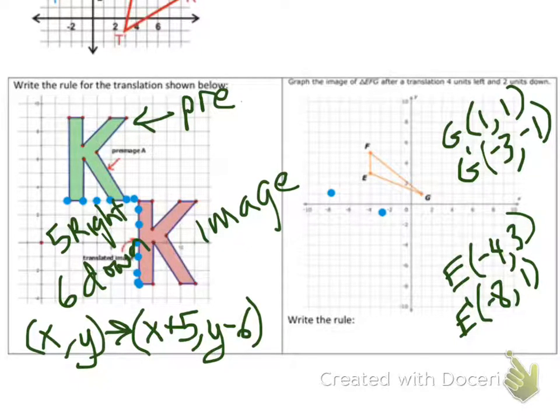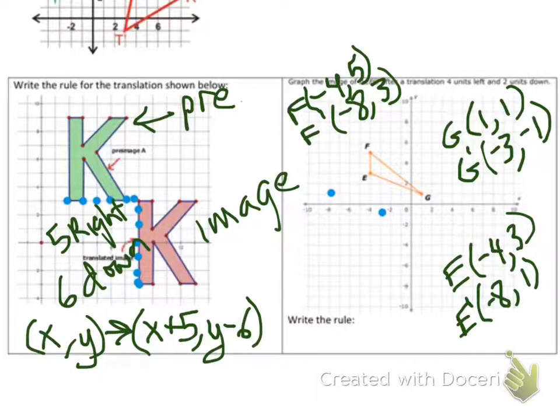And finally, F is at negative 4, positive 5. So F prime is going to go, again, 4 units to the left, so that's negative 8, and 2 units down, so it will be at 3.